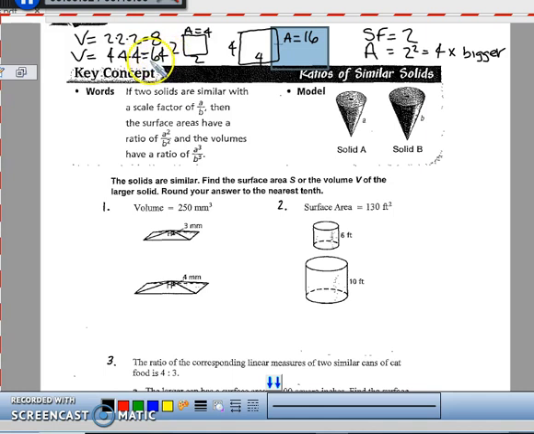Okay, so now when I double the sides on a 3-dimensional object, I double this one, I double this one, and I double this one. Double times double times double. When you do the volume, it's to the third bigger, which means 8 times bigger. You saw that from 8 to 64, that is 8 times bigger. So volume is 8 times bigger.